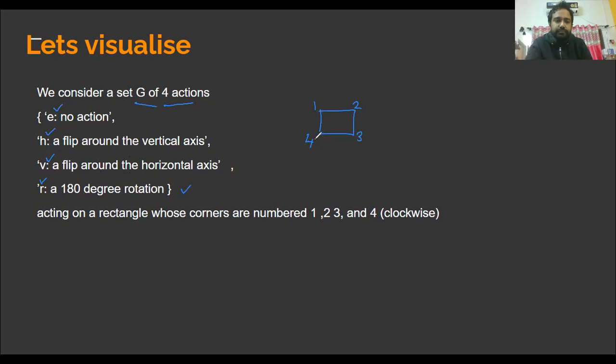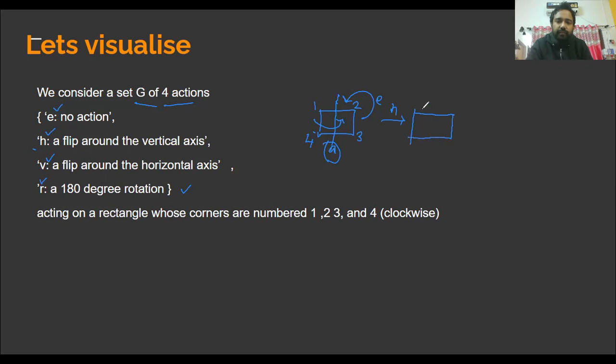So this is a rectangle. If we apply E to it, it takes no action. So E keeps it in the same position. If you consider this position A, configuration A, E keeps it at configuration A. What H does is it imagines an imaginary vertical axis passing through the center of the rectangle, and it just flips it.